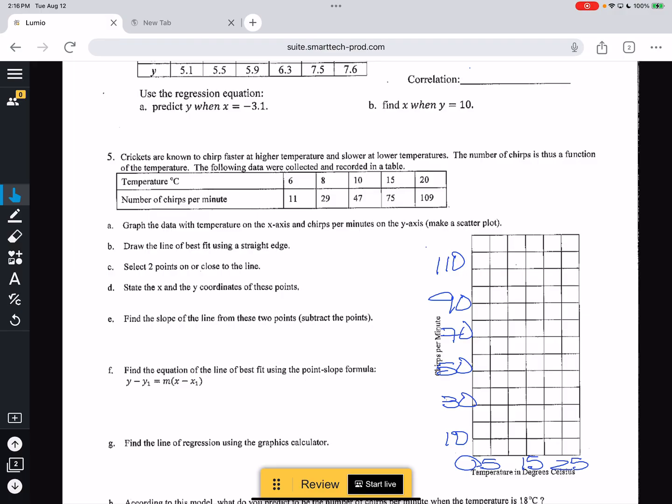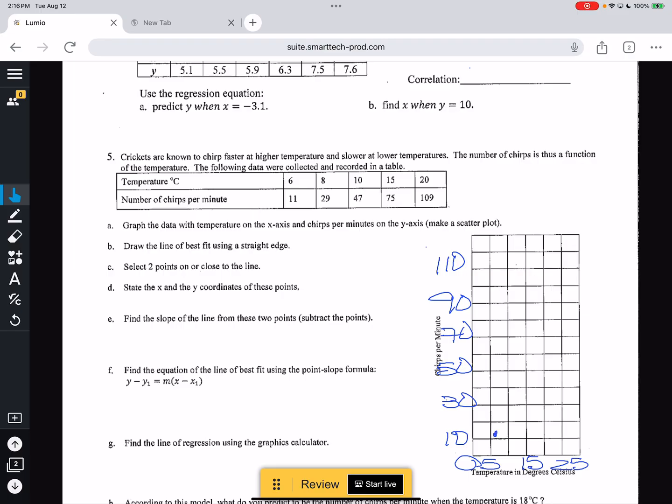For space, I just didn't write in 20, 40, 60. I just skipped those going up. So let's plot. We would have 6, 11, and 8, 29.